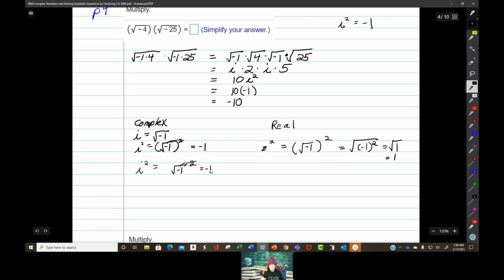Again, anytime you see a negative number underneath the square root, it means you're not in Kansas anymore. You're not in the real number system anymore. You're in the complex number system. I like to say you've been drop kicked into the complex number system. And it's just the way it is.